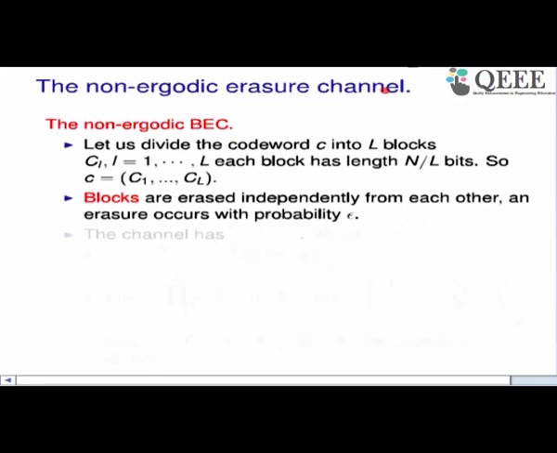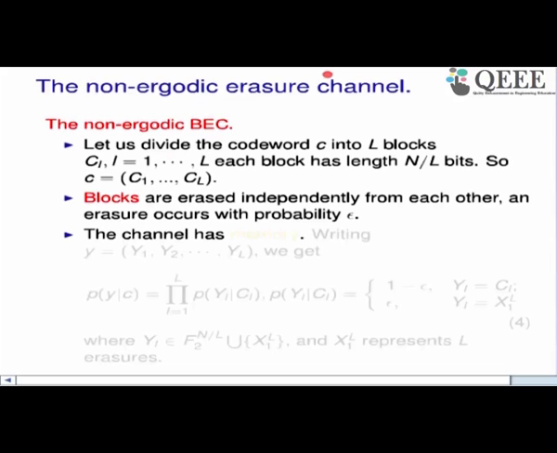Each block is erased independently. So if there is an erasure in the first bit, there will be an erasure in all the n by L bits of the first block. So this is a block erasure channel.